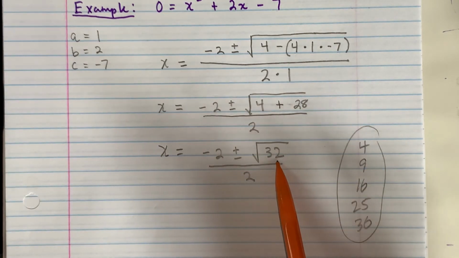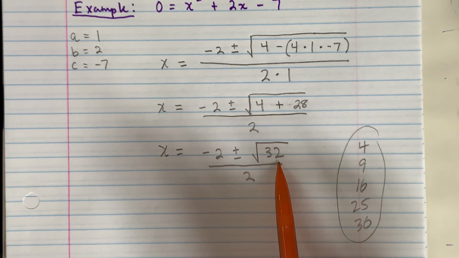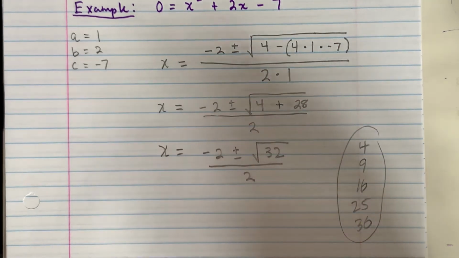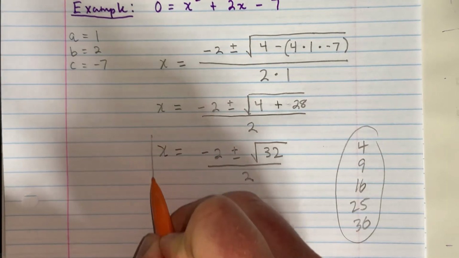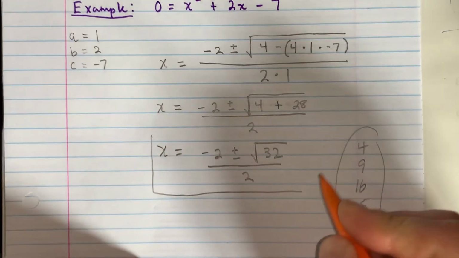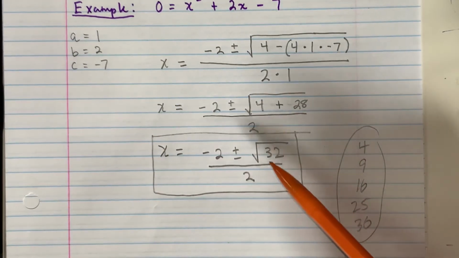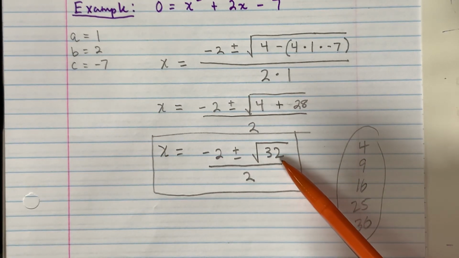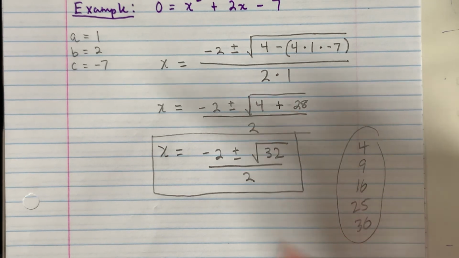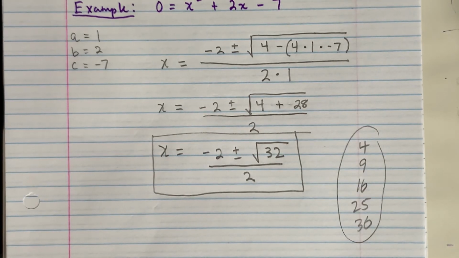Because again, as soon as you take the square root of this, it's going to become an irrational number, not an exact one. So you guys will notice on the practices too, you'll see it a few times, that when you get to this part, if you have this in here that's not a perfect square, you can be done. All right, your solutions are exact in this way, and you don't have to go any further.